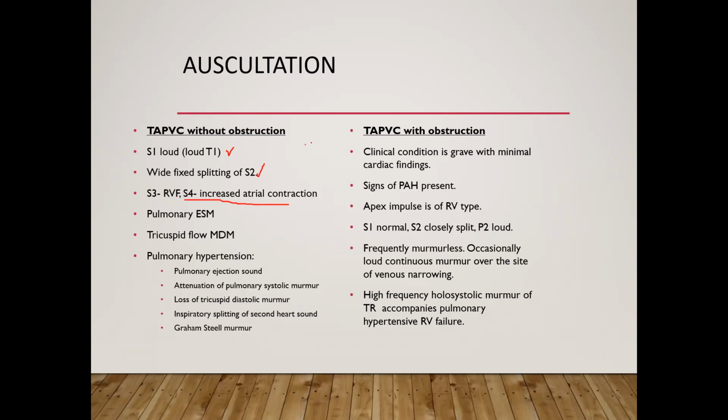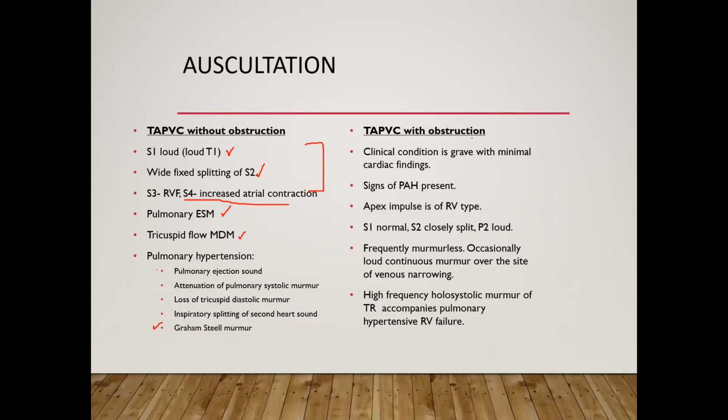These are due to increased blood flow on the RV side. There is a pulmonary ejection systolic murmur and a tricuspid flow mid-diastolic murmur. If pulmonary hypertension sets in, there is a pulmonary ejection sound, attenuation of both murmurs, inspiratory splitting of the second heart sound, and a Graham Steell murmur could be there, a PR murmur.